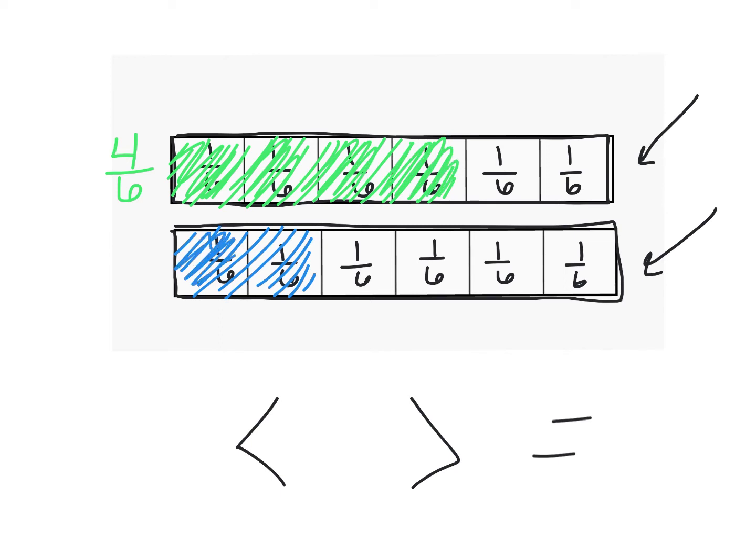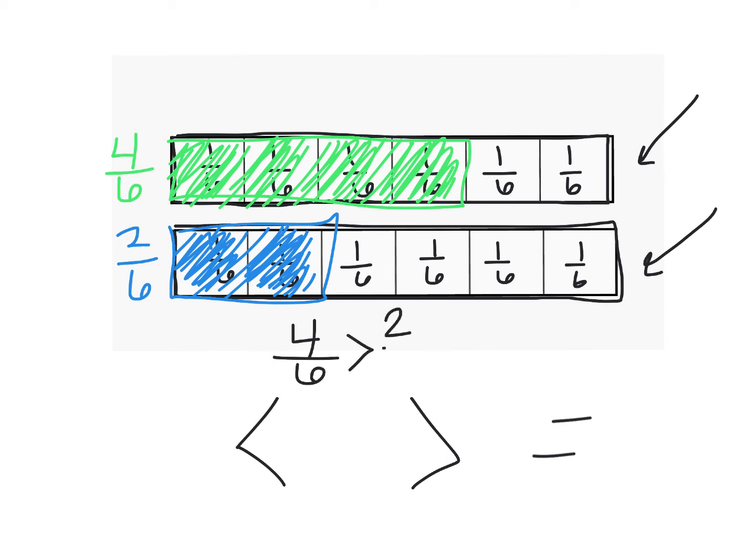My friend has 2/6 because it's 1, 2 out of 6 equal parts. I want to determine which one takes up more space, and I can see right here that this portion takes up more space than this portion. So that means that 4/6 is greater than 2/6.